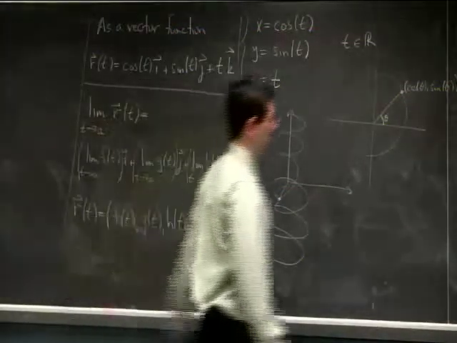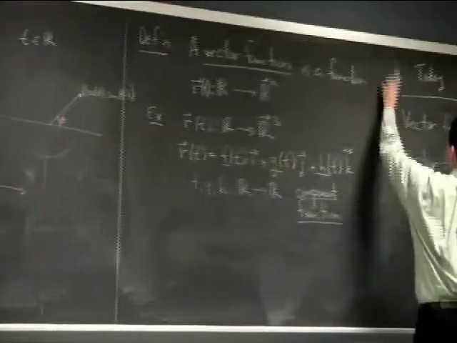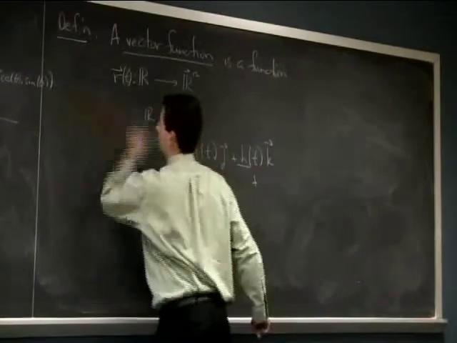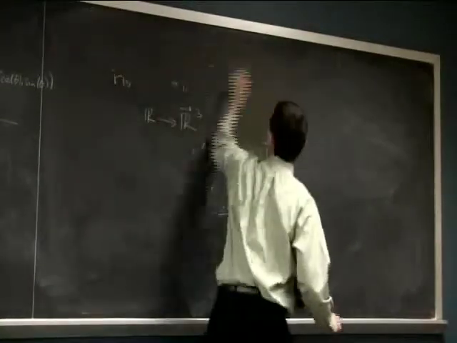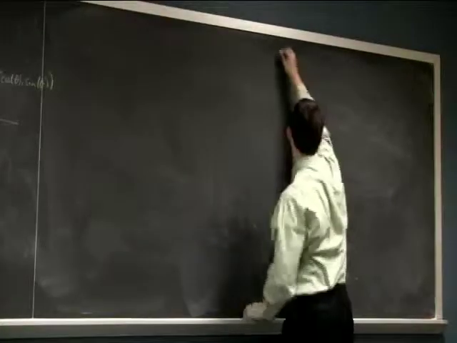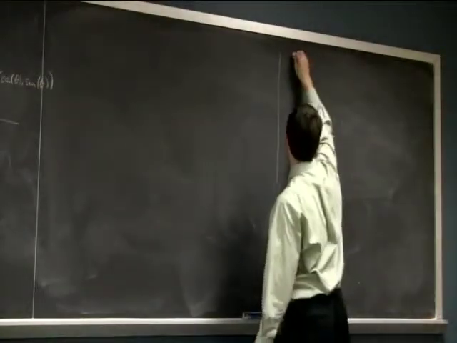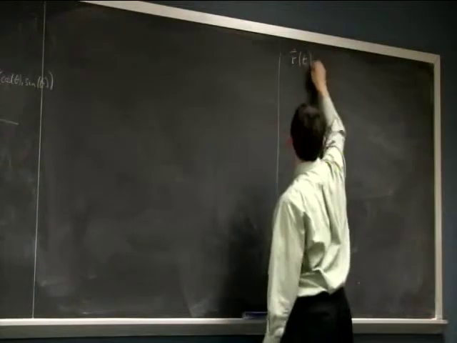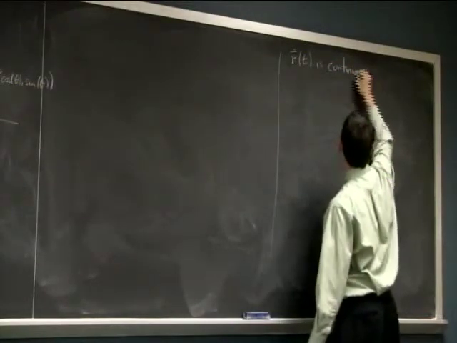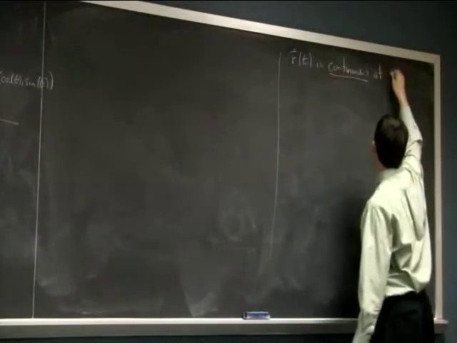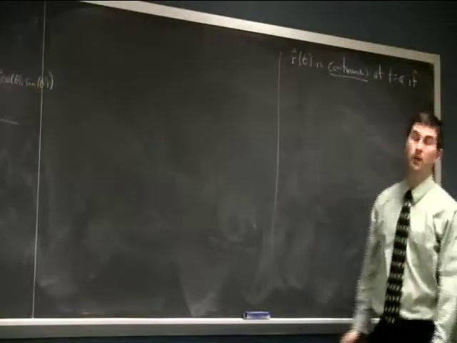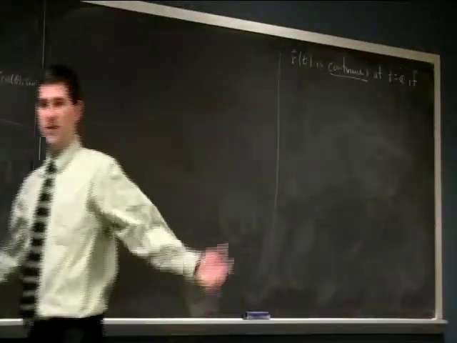Okay, so if that's your definition of limit, what's your definition of continuity? When is a vector function continuous at a point? So, r of t is continuous at, say, t equals a if, okay, what's the definition of continuity?